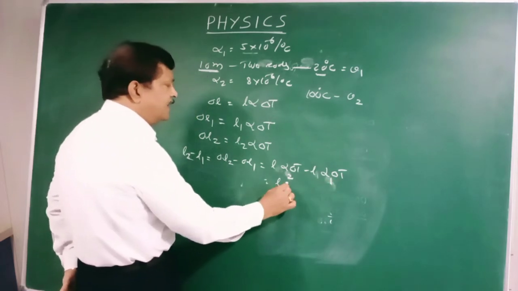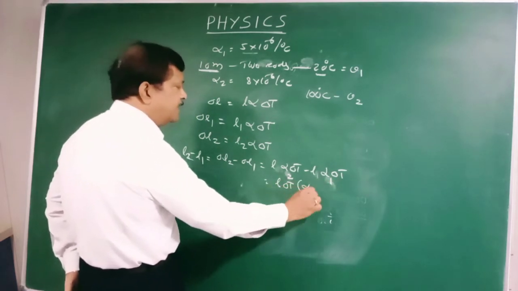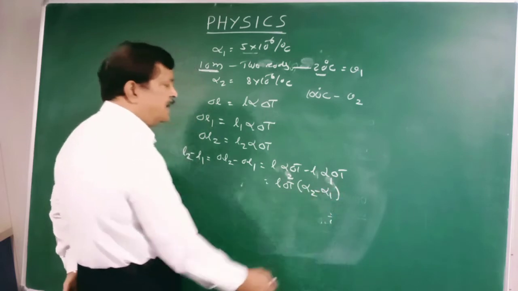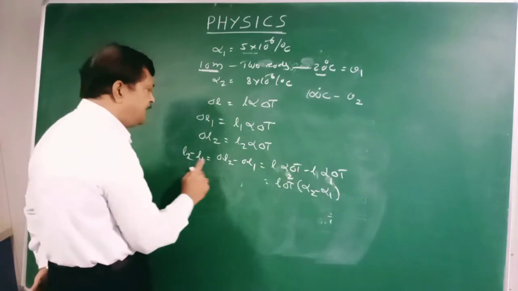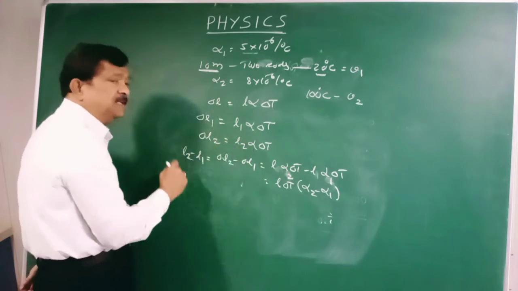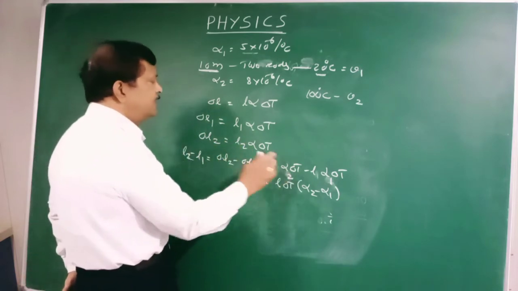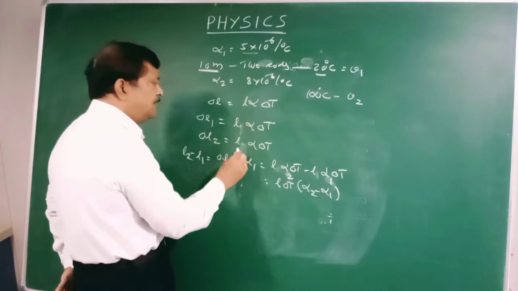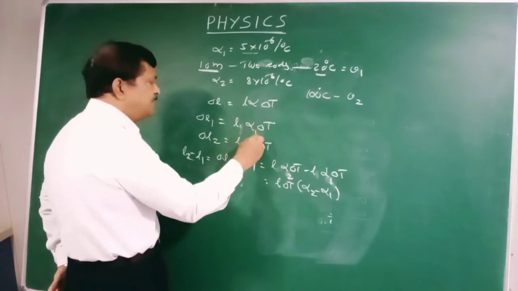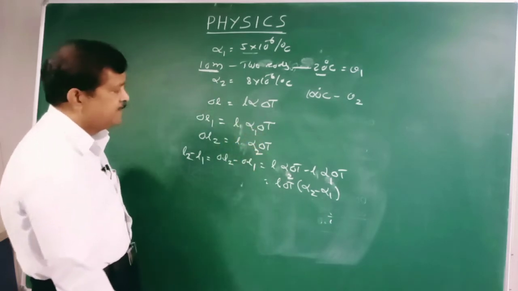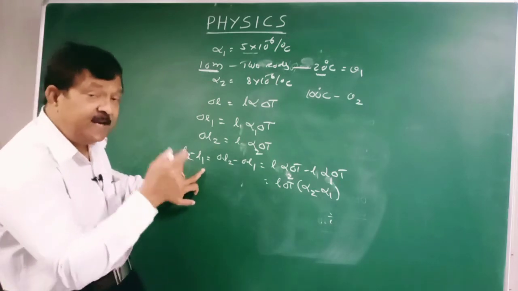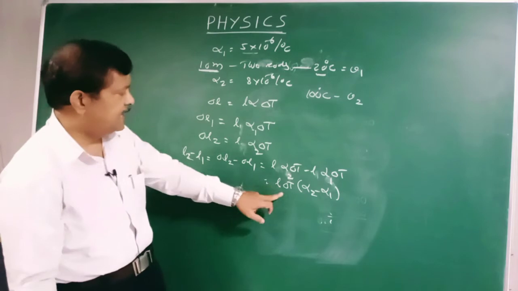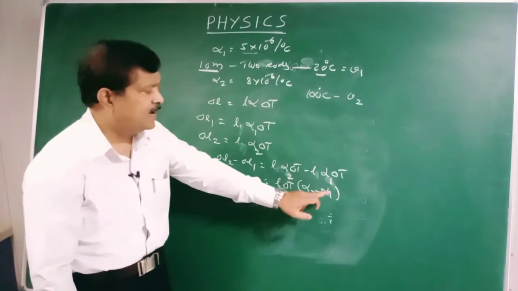So taking L delta t as a common factor, it is alpha 2 minus alpha 1. The initial length is the same, alpha is different. Now delta L2 minus delta L1 is the final difference in their lengths, then L delta t times alpha 2 minus alpha 1.